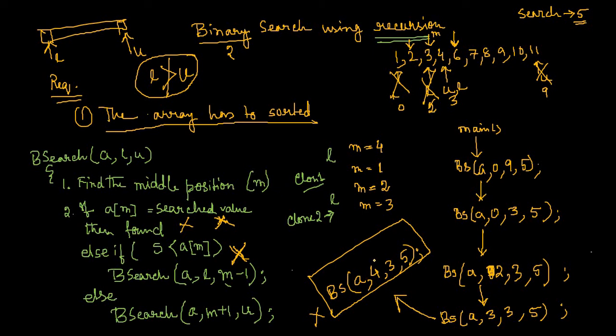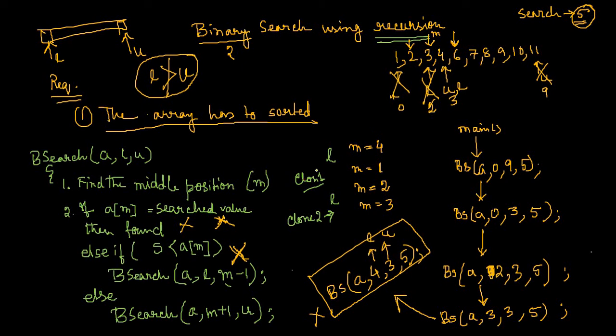But in this situation, this is my L and this becomes my U. So after a lot of adjusting, this L and U actually crossed each other, which is not expected. You know why they crossed each other? The reason is that this 5 is not even present in the array.